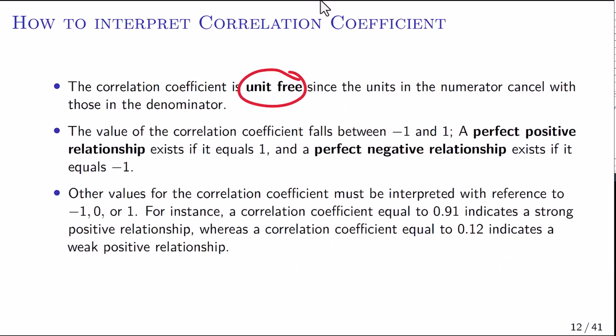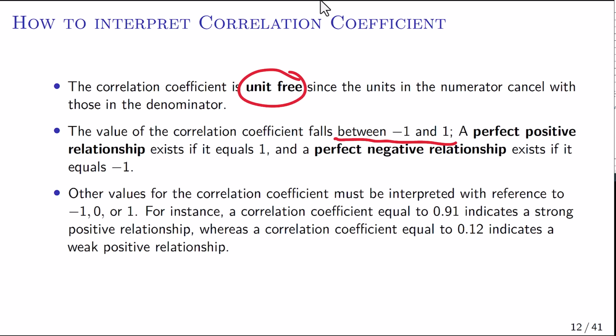Also, the nice part of this correlation coefficient is what? It falls between -1 and 1. Basically, the absolute value is at most 1. So if it equals 1, that's a perfect positive relationship. If it's -1, that's a perfect negative relationship. Whether this one is positive or negative, it measures the so-called direction of the relationship.